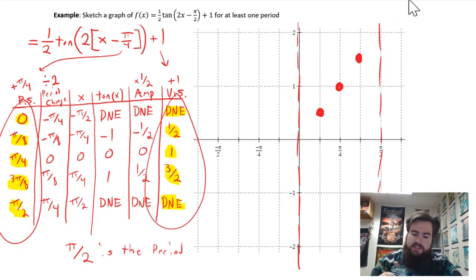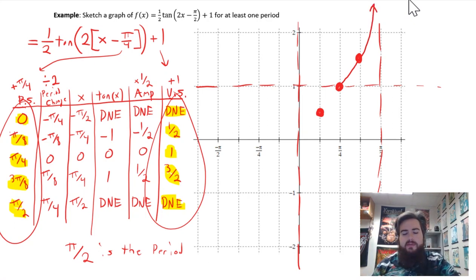And what this means is as I'm increasing from my new baseline or midline here, which is now at +1, I am increasing up to this point and then towards the asymptote, but I will never touch it. And likewise from that midline, I will decrease towards the asymptote, but never touch it. This would be one period of this function.